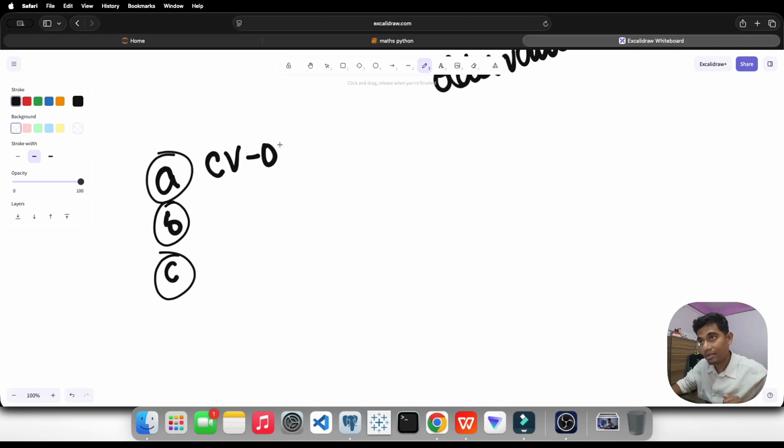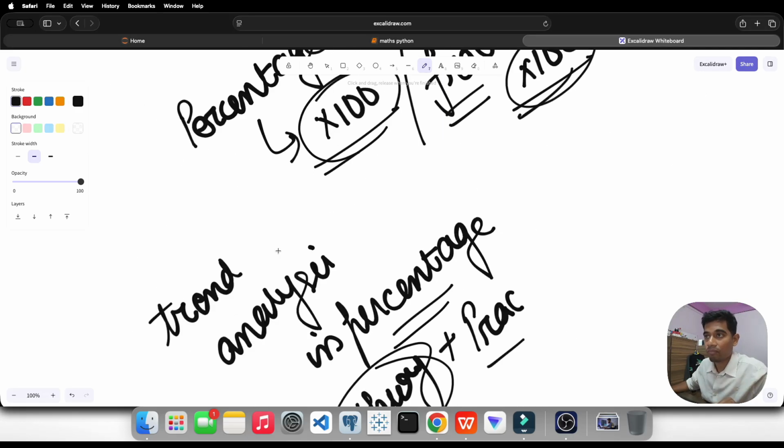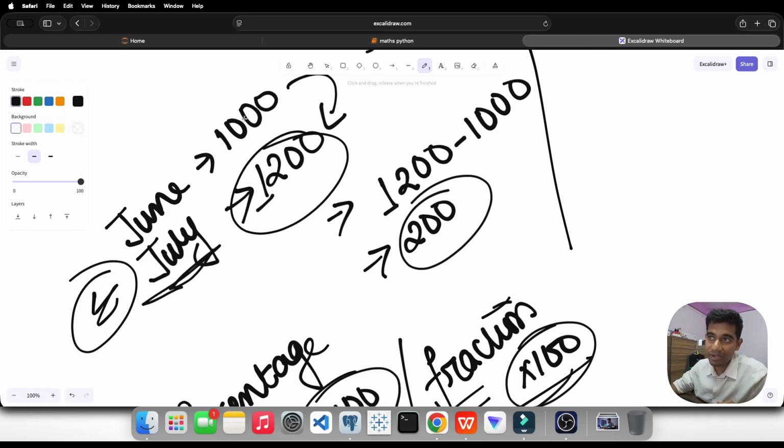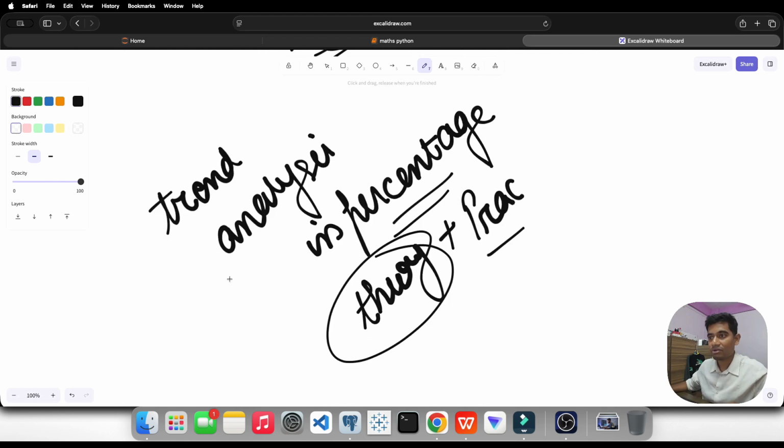First is what? Current value minus older value, like we have done in the earlier phase. What we have done for the month of July, see July is the current month, so here is the current value. The month we are comparing July with is the older value. So current value minus older value.